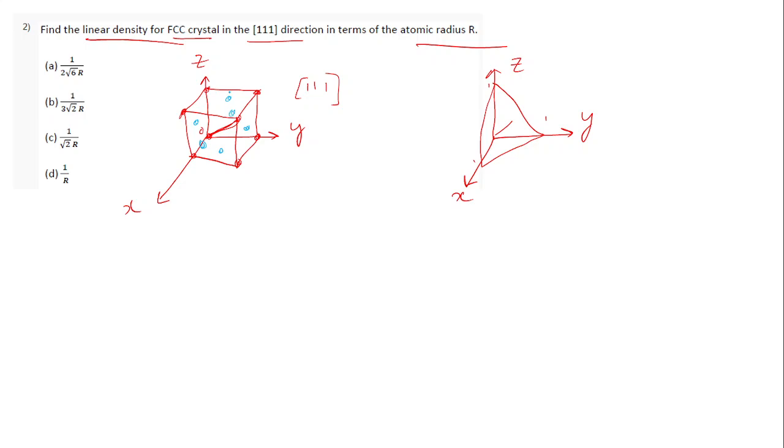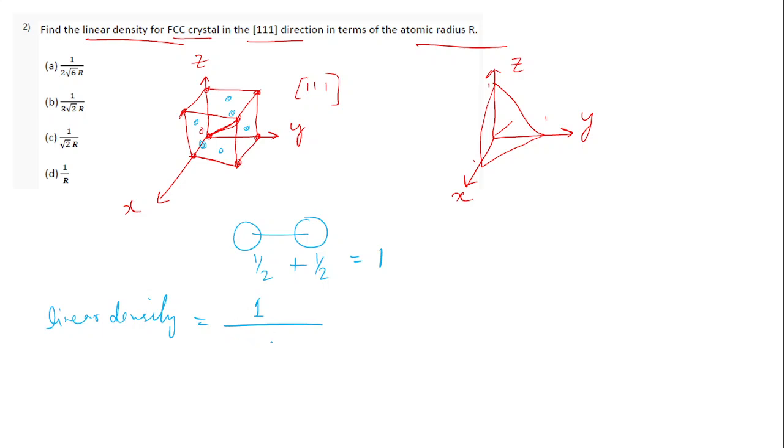Don't get confused, this one is at the top face, this one is at the back face. So these 6 atoms are on the faces, but they won't lie on this direction vector. On this 111 direction we have the same situation, only 2 atoms at the corners, each contributing half, so total 1. So we have 1 atom on this direction vector.